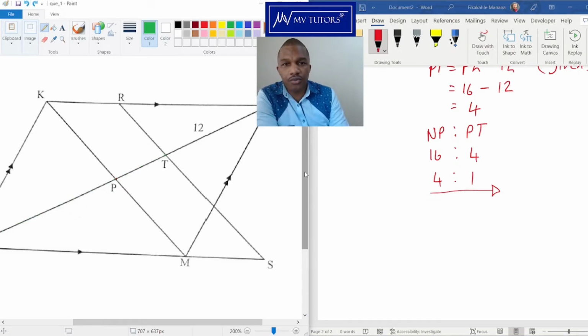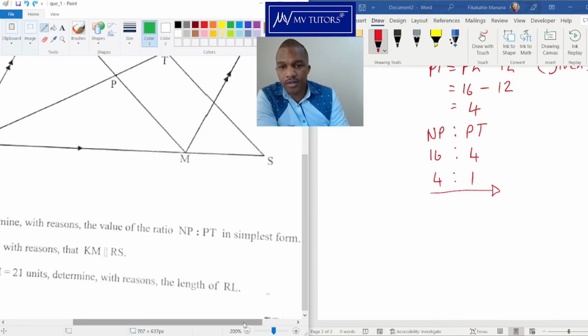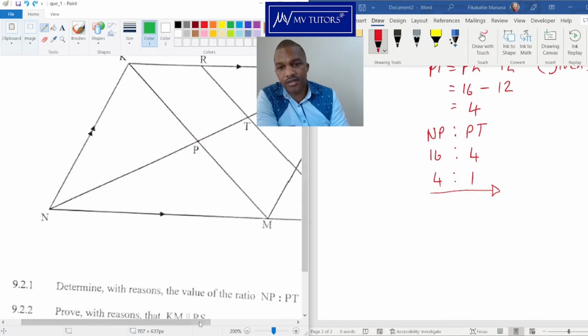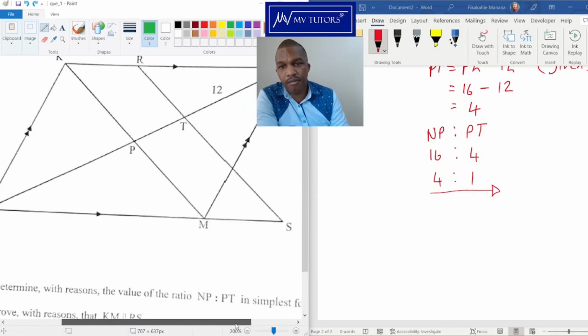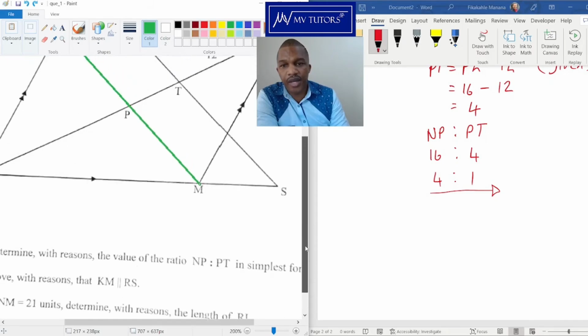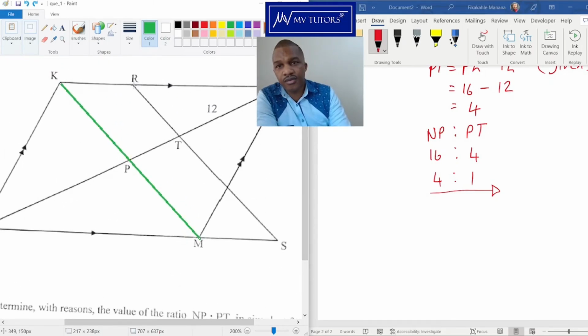What do they want? It says prove with reason that KM is parallel to RS. Okay, let's look at this. KM is this big one here. Let me just illustrate it. That one is parallel to RS.